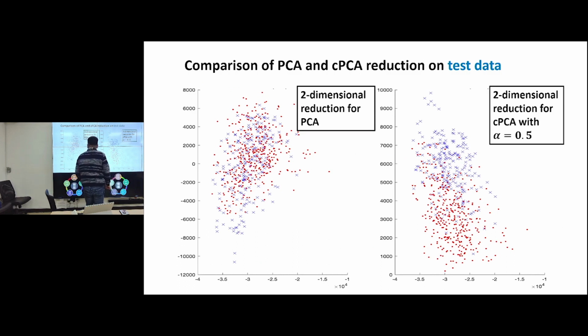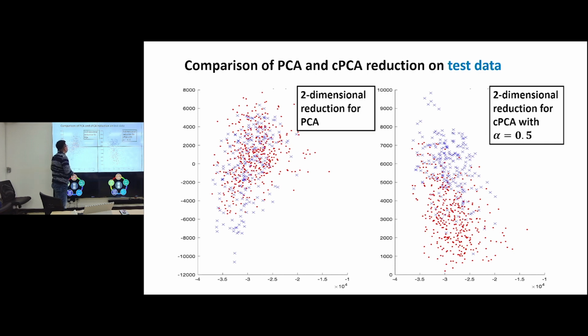This is the projection of the testing data set, where the red dots represent the patient individuals and the blue dots represent the healthy individuals.